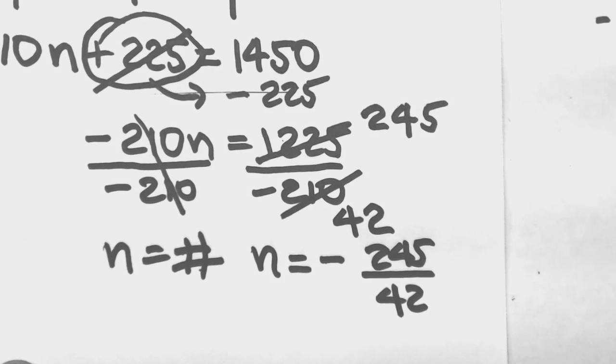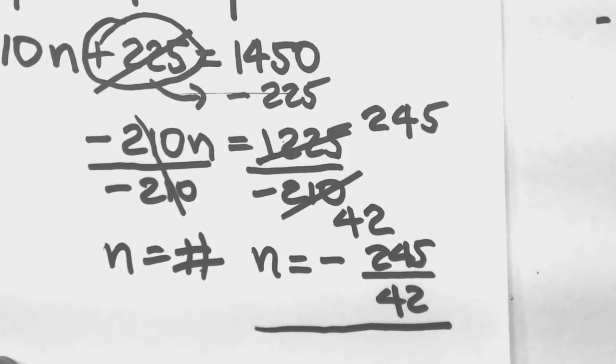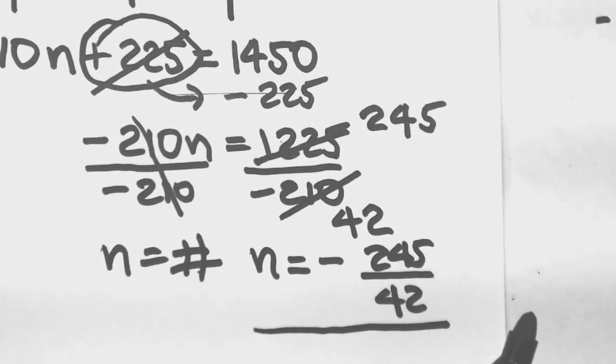And let's see, I think that's probably it. 3's won't go into the 245. So I think we're looking at our final answer right here. N equals negative 245 over 42. Can't reduce it any further, and it's not necessary to make a mixed number out of this. I mean, you could if you want, but you don't have to.